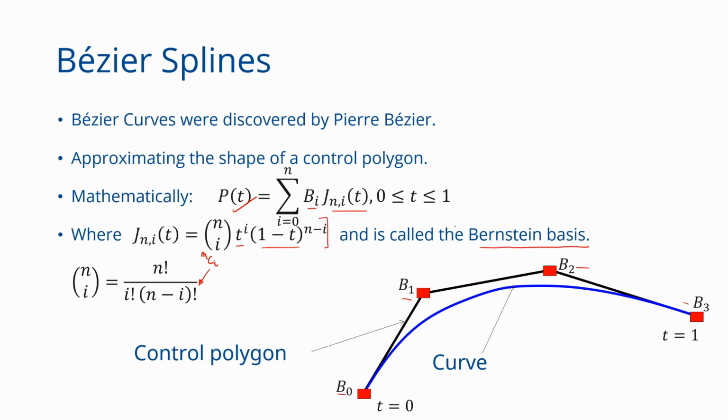The Bernstein basis gives Bezier splines certain very desirable properties, and we will see in a bit what those properties are. The first thing that you should notice here is that the Bezier spline is already written in the form of geometry multiplied with some blending functions. The blending functions are the Bernstein basis functions and the geometry are the points on the control polygon.